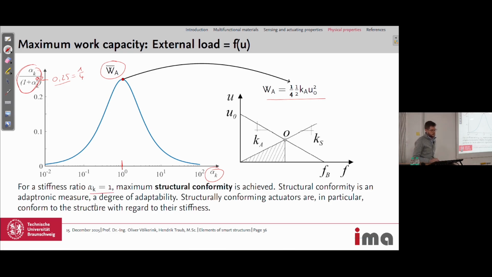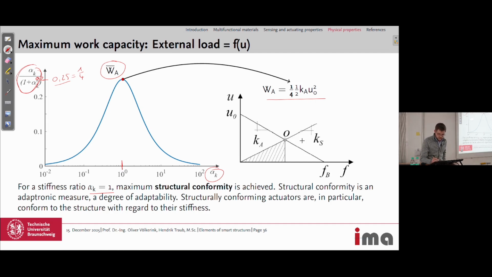So maximum structural conformity is achieved when the structure and the actuator have the same stiffness. Then the actuator can perform the maximum work in the structure. And this is the goal, because then you have the most efficient system, so to say.